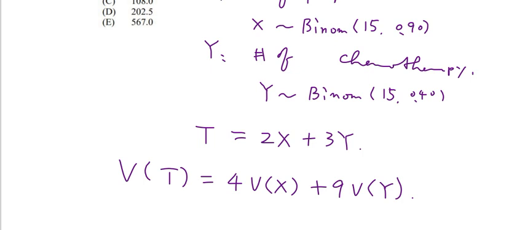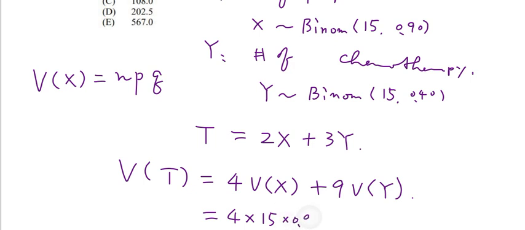Because x and y follow binomial distributions, we have this formula: variance equals npq for binomial, right? So here n is 15, p is 0.9, q is 0.1. For the other, n is 15, p is 0.4 and q is 0.6.